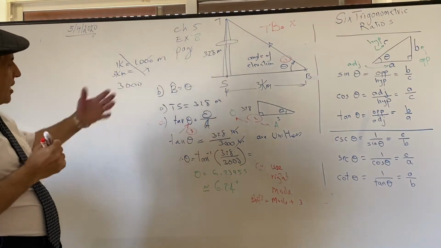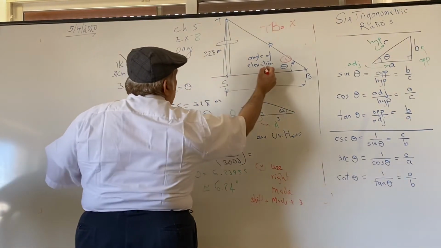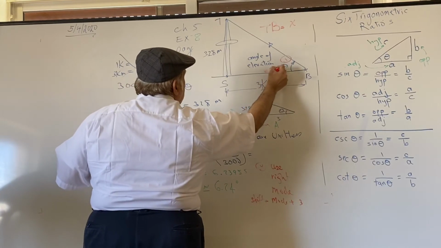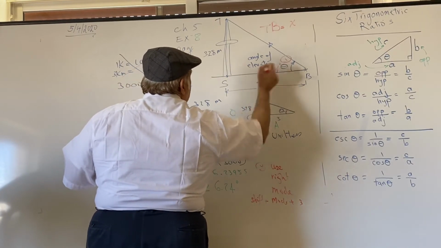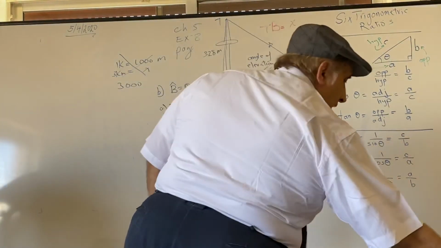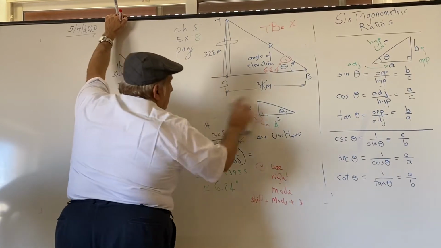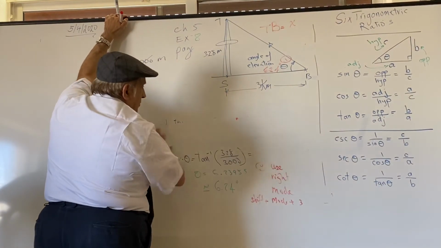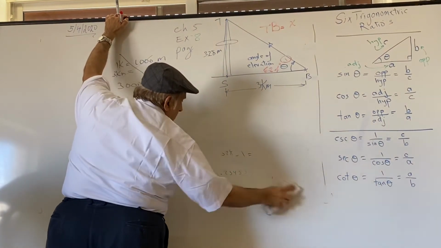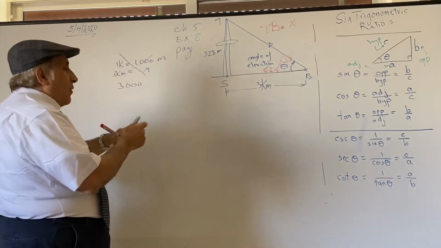Why don't I clean everything I wrote and leave this answer here, 6.24? What do you think? How do you think I could find TB? This is the length of the line of sight from your eye to the top of the tower.